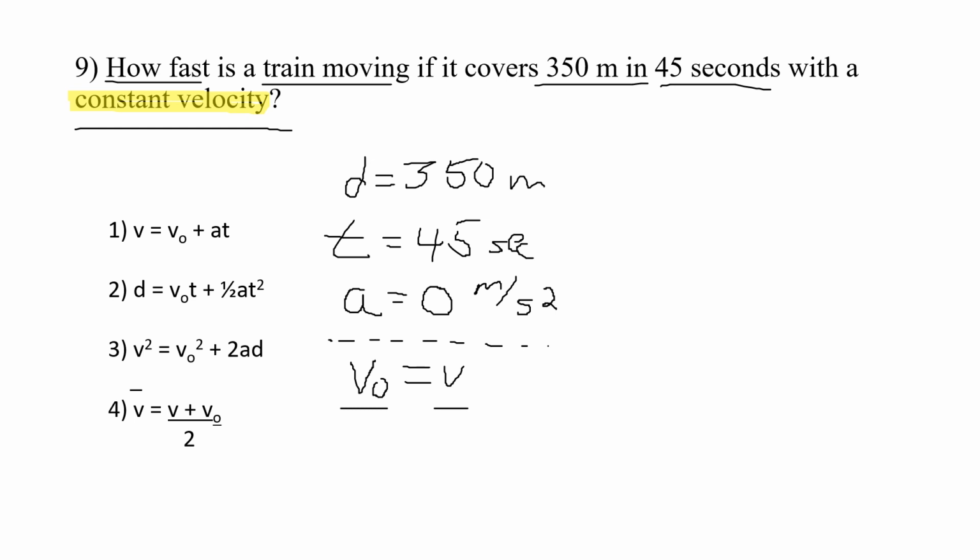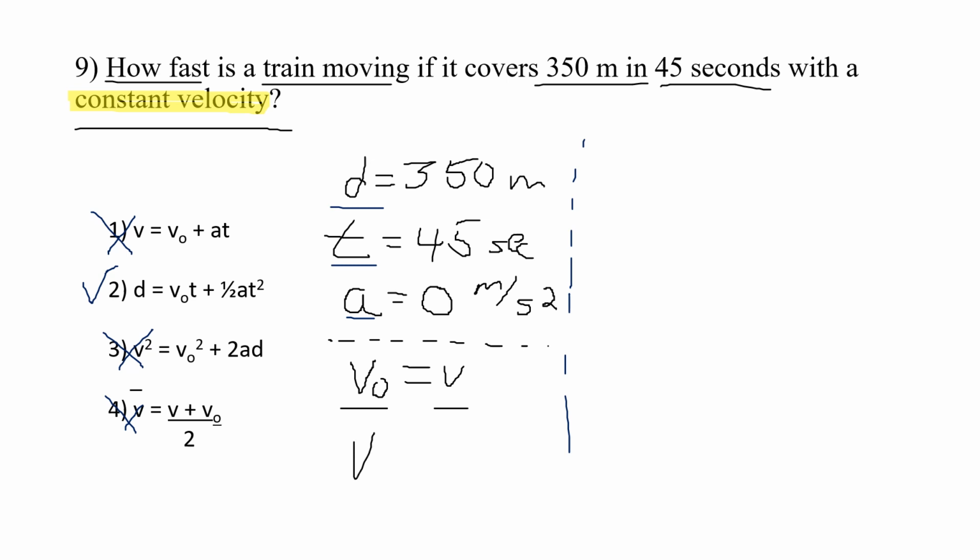So in this case, what is the only equation that has d, t, and a? All right, there's no d here. There's no t here. Oh, if I use this equation to solve for v naught, that is the speed of the train because the velocity is constant.